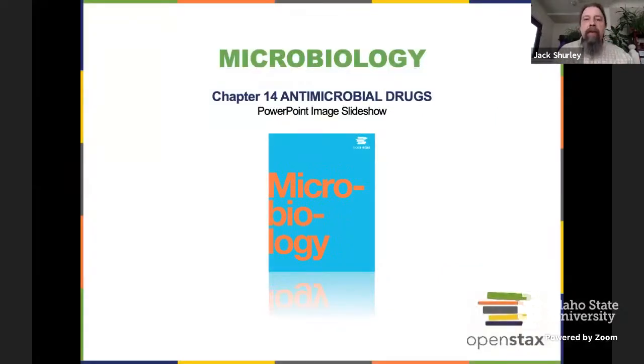So the antimicrobial drugs, the last with the susceptibility plates is a pretty good segue into all of this, thinking about the whole gamut of different types of antimicrobial agents that we have access to.